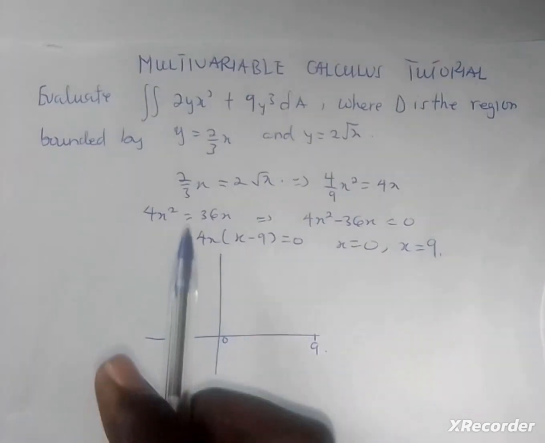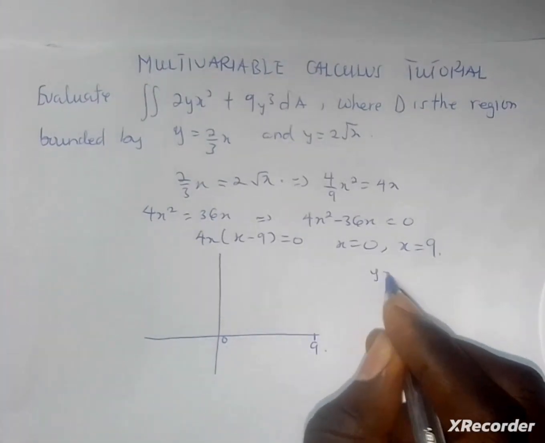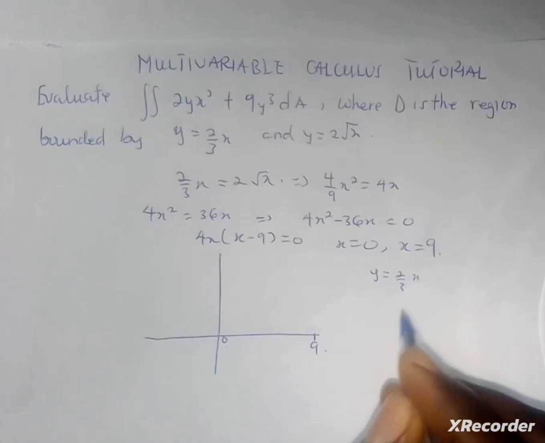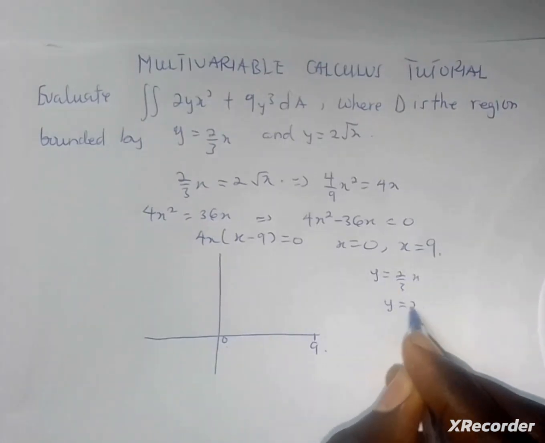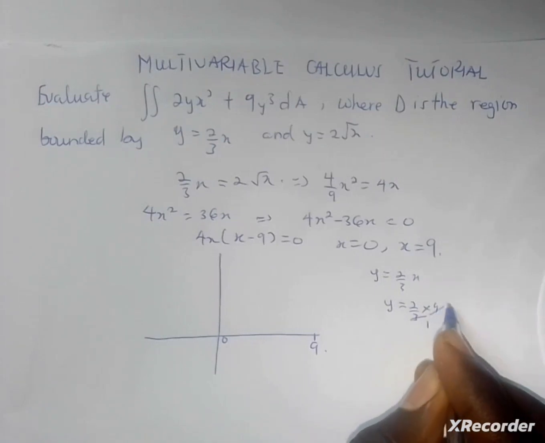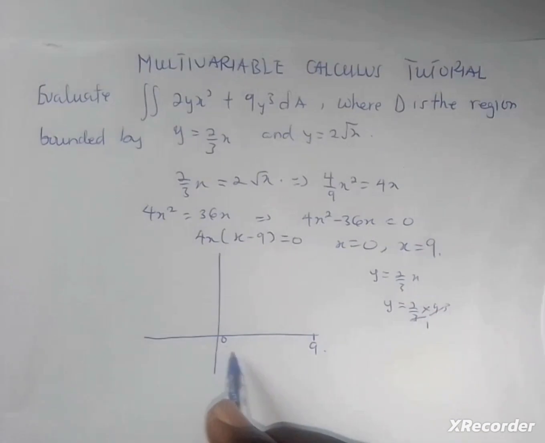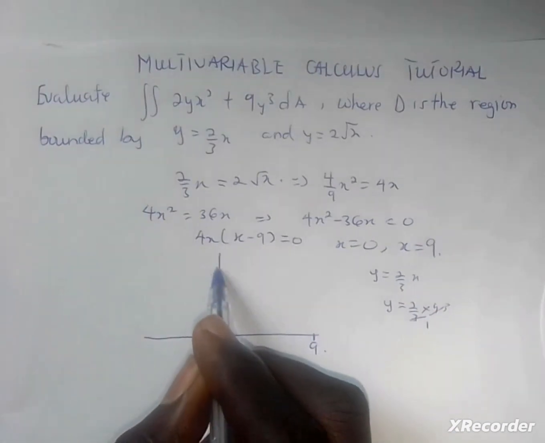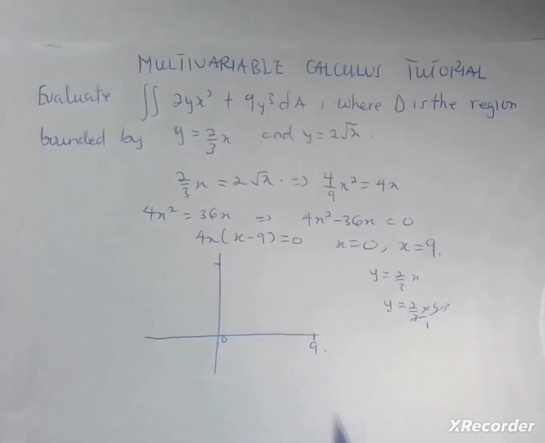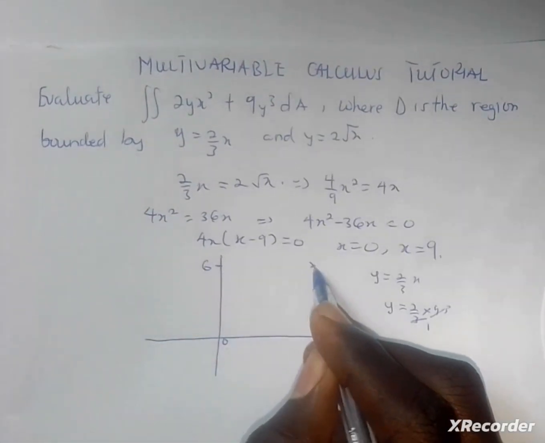Once you get this, you're going to put this 0 and 9 into the function to find your corresponding y value. So when I take y is equal to 2 over 3x, I'm going to put 9 here so that I get y equals 2 over 3 multiplying what? 9. This will go into itself 1 and go here 3. 2 times 3 will give me 6, meaning when x equals 9, I'll get y to be 6 for y equals 2 over 3x, and therefore the point will fall here.